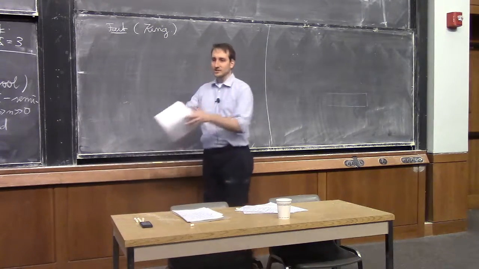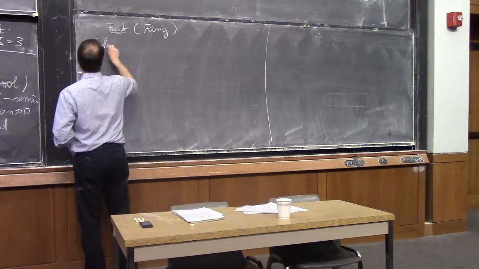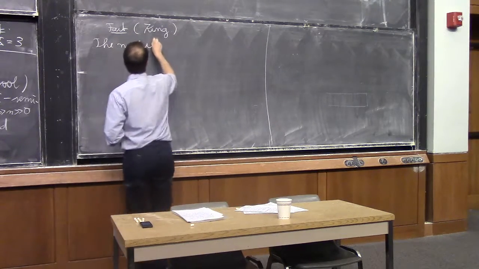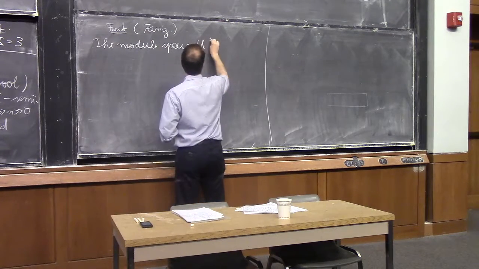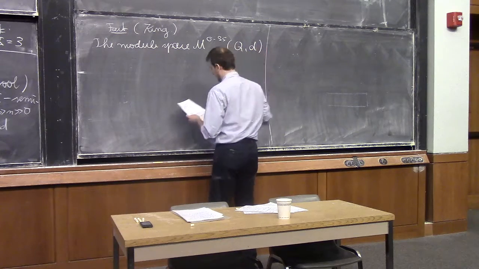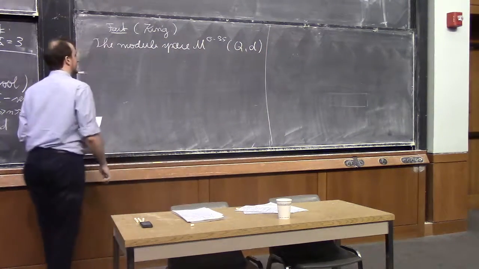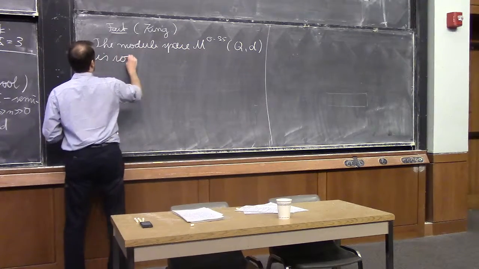This is somehow GIT in one of its purest forms. So I tell you, the moduli space of sigma-semi-stable representations of Q of dimension vector D is constructed as follows.